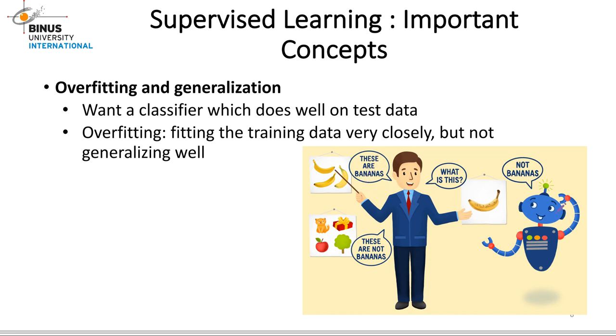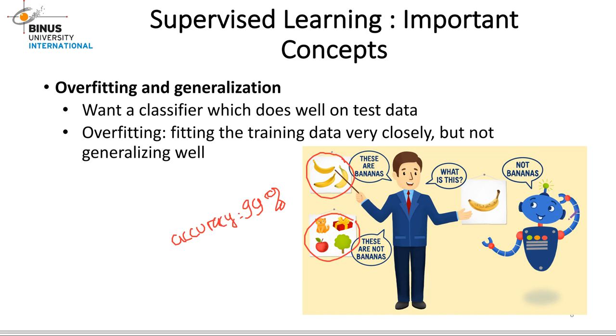You teach your machine to differentiate between bananas and not bananas. And because your model is very good, like 99% accurate, yeah, when you train on the datasets, when you test on the datasets, it's 99% accuracy.